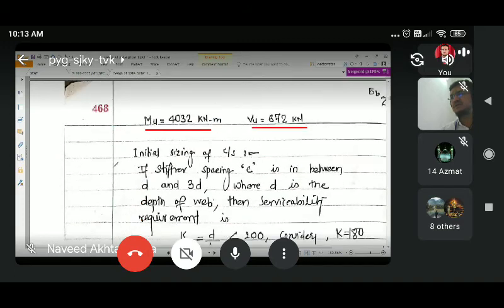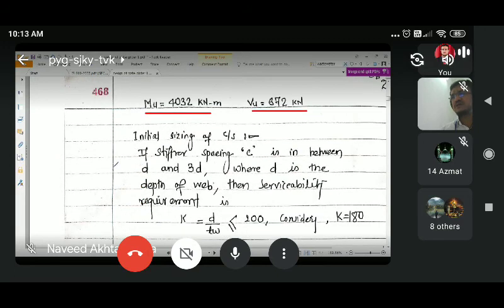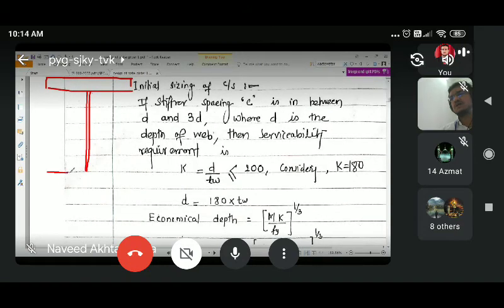Then step number 2, first one is the initial sizing of the cross section. What is the cross section? Generally the cross section we consider for the plate girder is the I section. So first you have to decide the cross section of this I section.